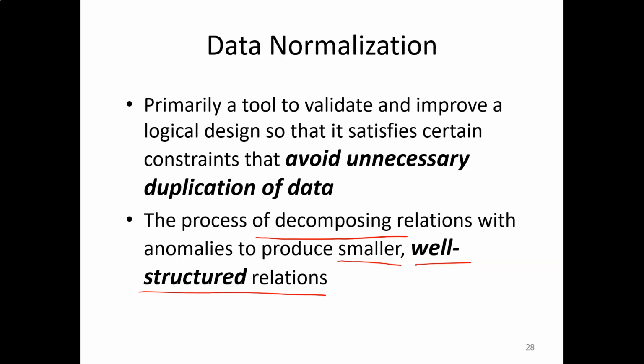Or sometimes you may start with a paper-based system. All you get is just some forms people used to use to record data, and then in order to transform these forms into tables, you have to break these fields on the form into smaller chunks and put them into different tables. So that's the process of normalization. It's a very important process because it will allow you to create tables that are well structured without anomalies.